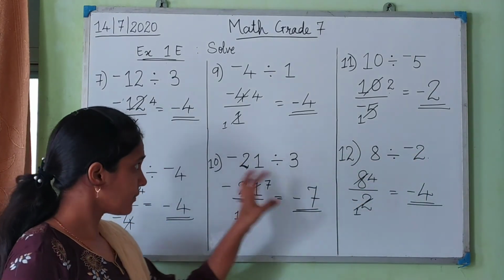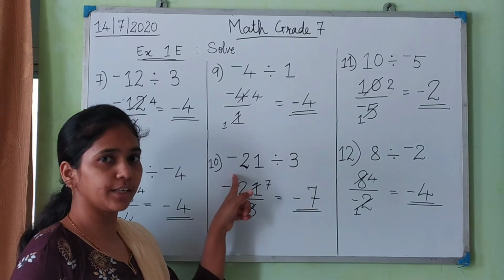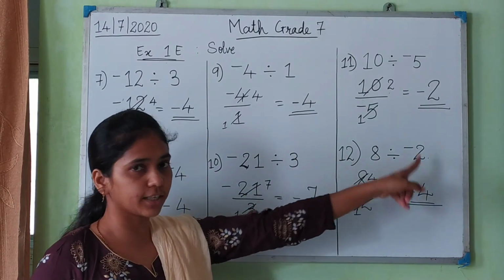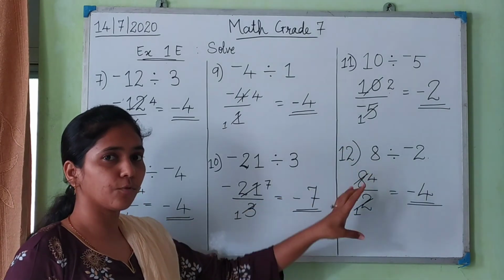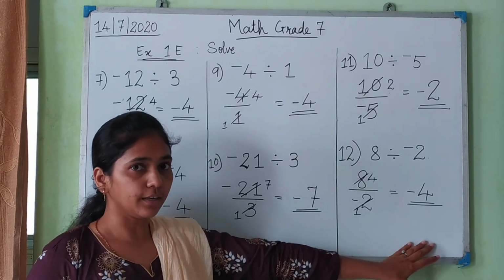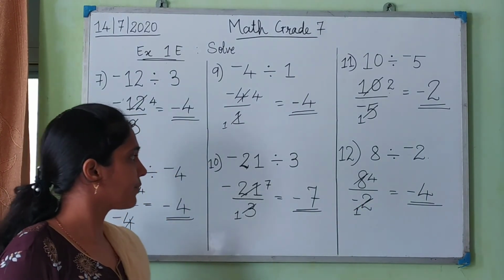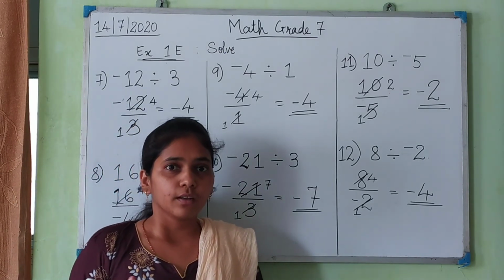That means if one of the two numbers, either the numerator or the denominator, is negative, then the answer will be negative. Okay, so this is normal division, how we divide two numbers with negative signs.